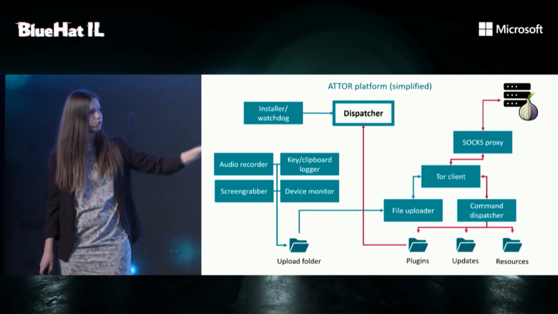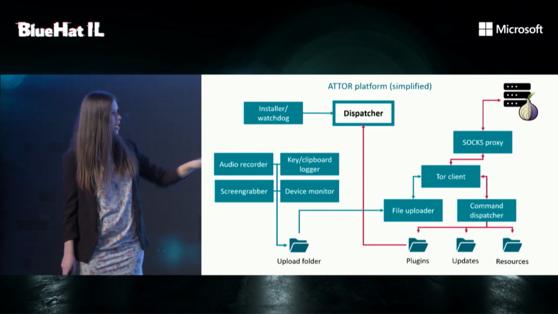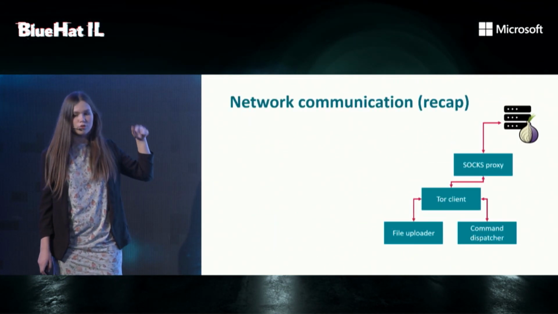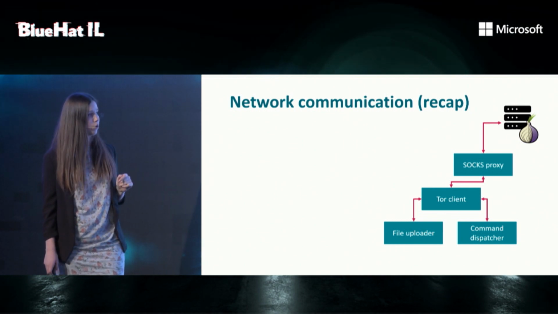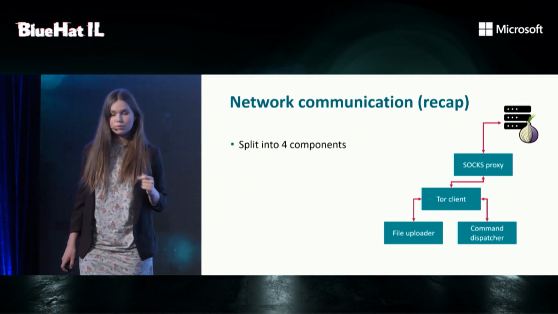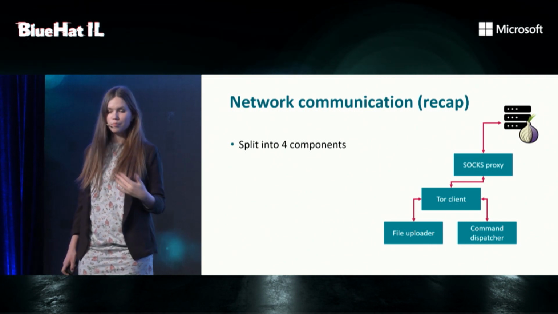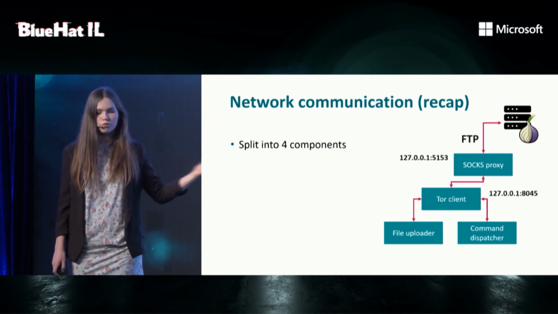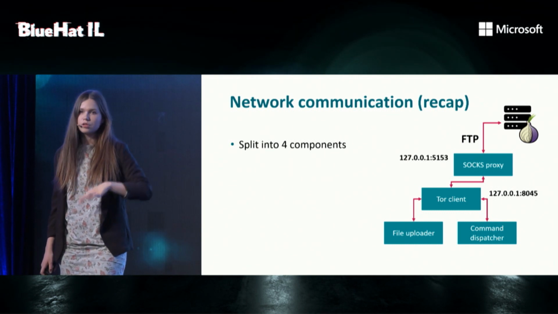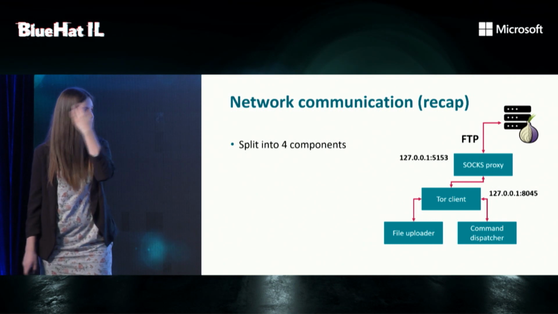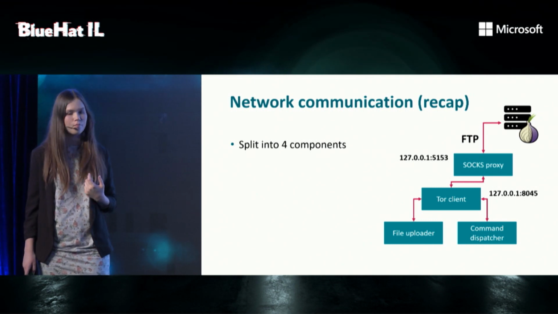It always goes through the other 4 plugins, and that's the same for the plugins that collect information. So focusing just on the network communication, it's split into 4 different components, and each of them implements a different layer. 2 of the components are running local servers so that the other components can contact them and relay the communication through them.